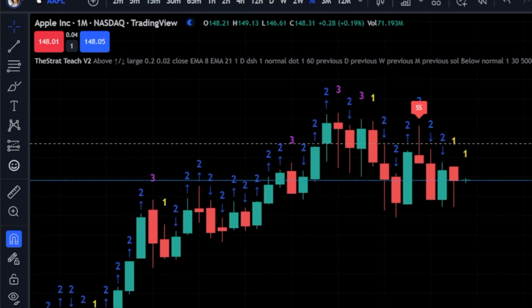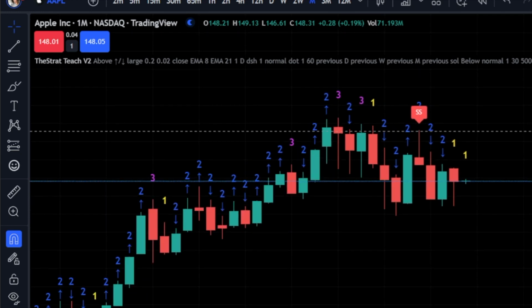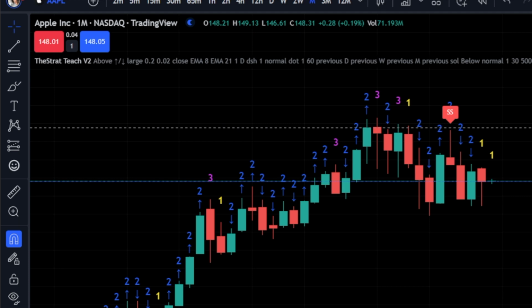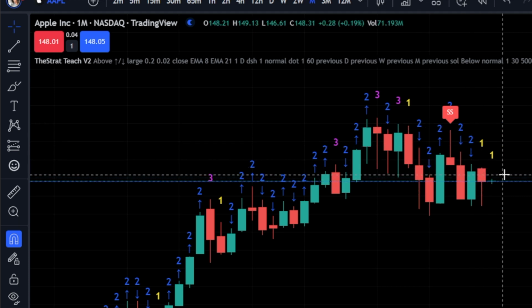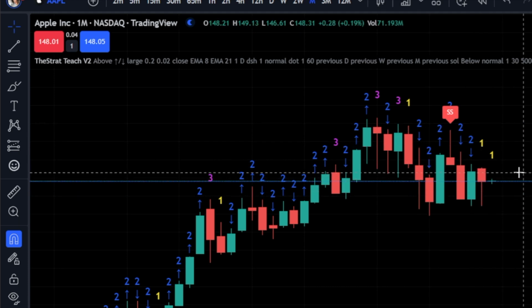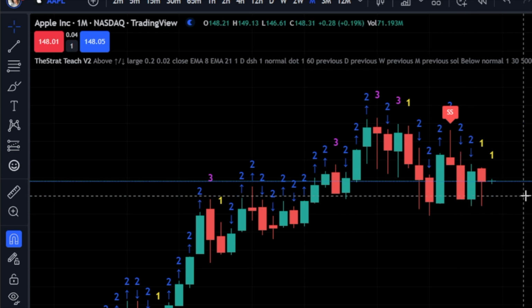So we will do part 2 of the series where we talk about how to put the combos together, and beyond the numbers, what are the combos that you look for.